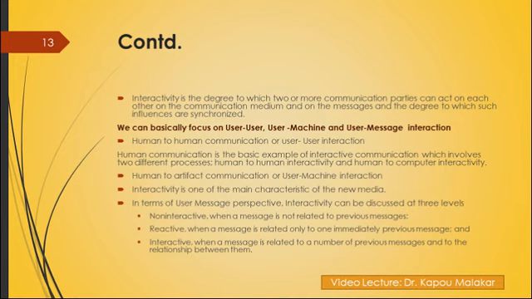Interactivity can be defined as the facility for persons and organizations to communicate directly with one another, regardless of distance or time. So, on a closer examination, we can actually focus on user machine interaction, user interaction, and user message interaction.